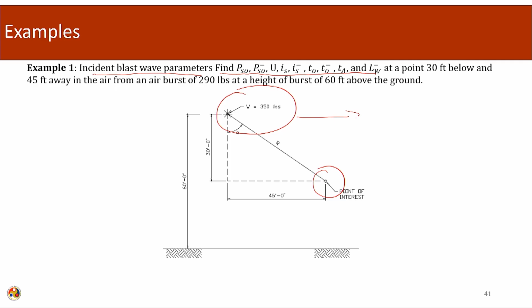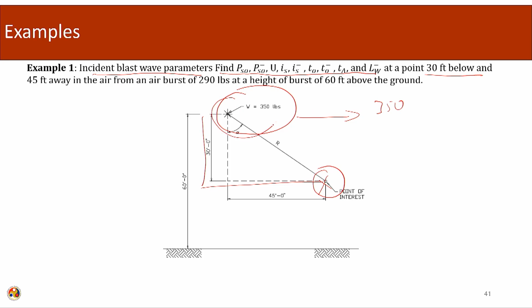The weight is 350 pounds, and we have to calculate at this particular point, 30 feet below and 40 feet away in air from the air burst here. So we will try to solve this problem.